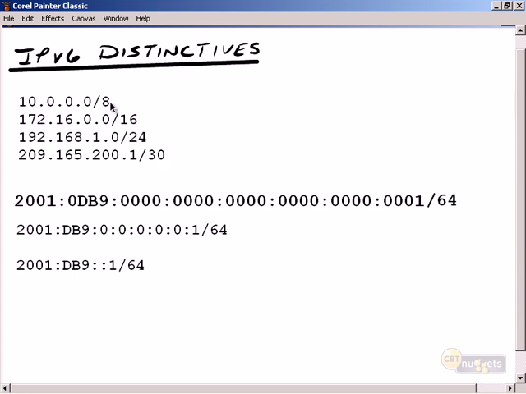So we can see here the first 8 bits represent the network, the remaining bits are the host on that network. The first 16 bits of the network here, the first 24 bits of the network here, the first 30 bits of the network here.